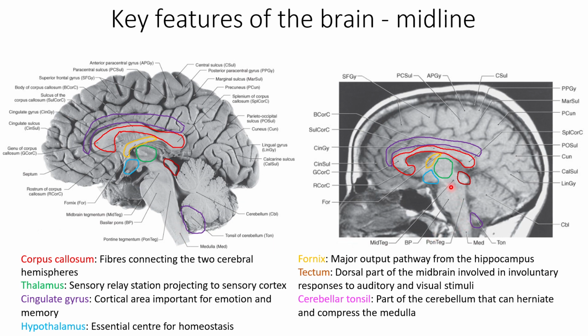And if we have some kind of space occupying lesion up here pushing the brain down, it can push this tonsil down into foramen magnum, which can lead to tonsillar herniation, which can compress the medulla and lead to a life-threatening situation. So really, tonsillar herniation is a pre-terminal event, because compression of the medulla can compromise the cardiovascular and respiratory centres.